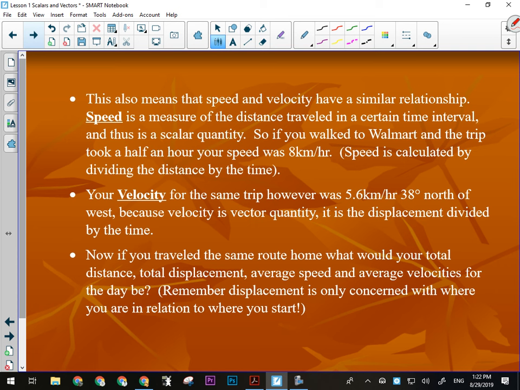Now, for time, okay, we've already said velocity is vector, displacement is vector, speed is scalar, distance is scalar. What's time? Is time vector or scalar? It's kind of a weird one, but do you ever know time to go any other way other than forward?